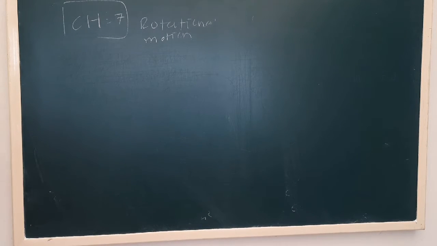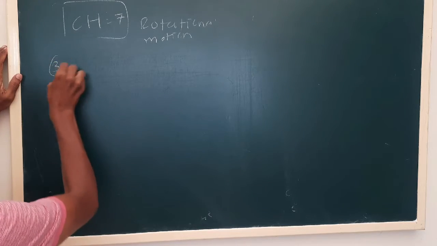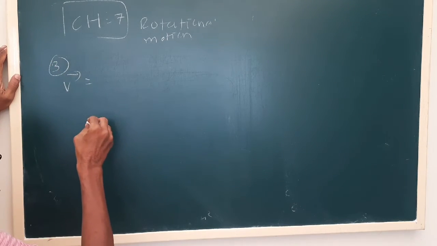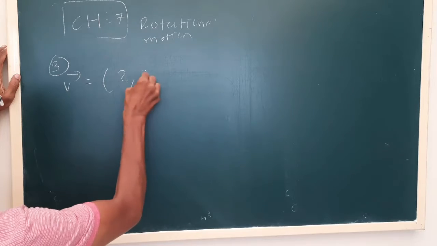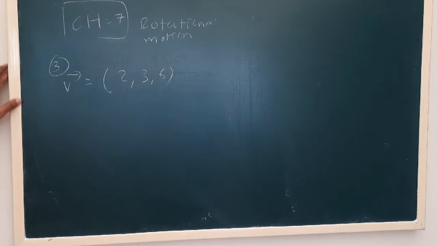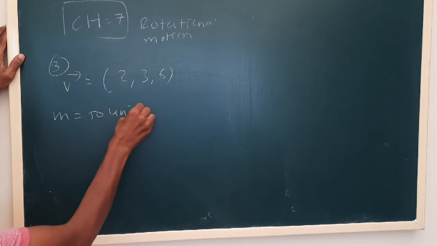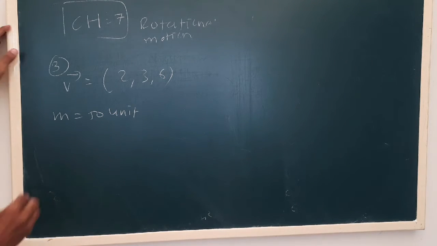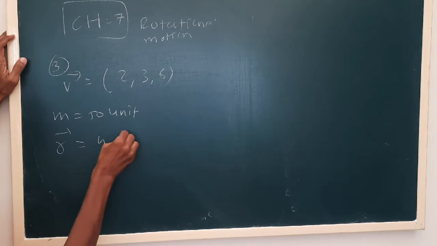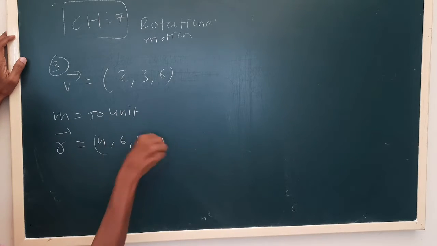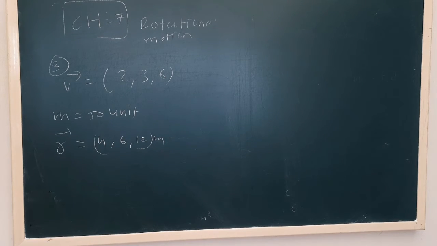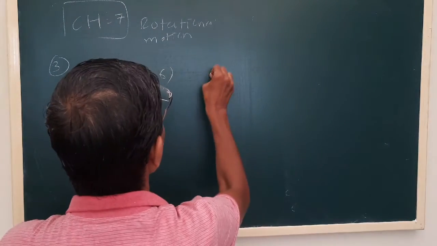Let us say a particle's velocity vector is 2, 3, 6. The mass of the particle is 50 units. Position vector is 4, 6, 12. We have to calculate angular momentum. Now see the formula.